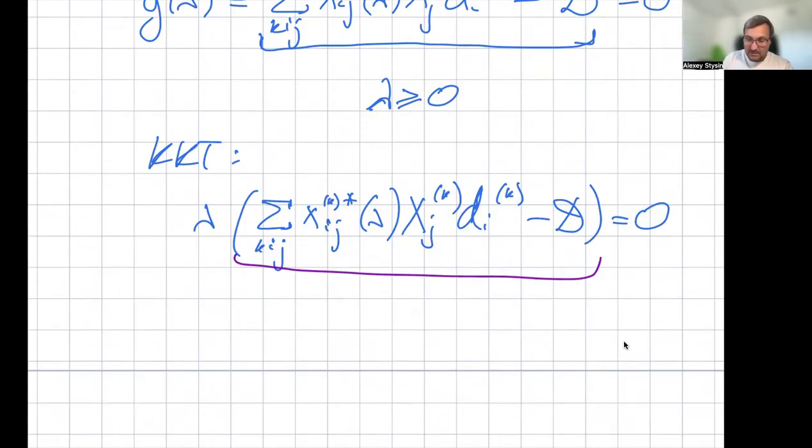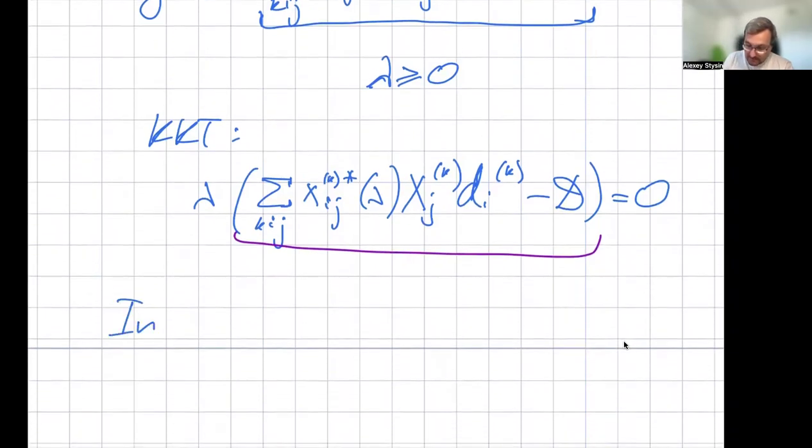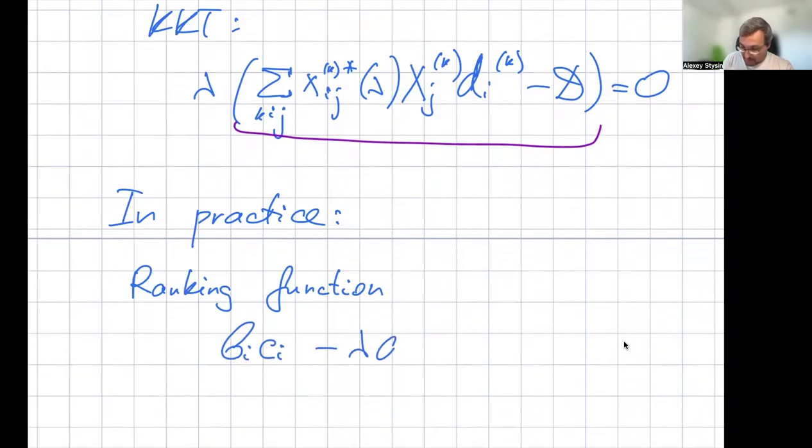Well, in practice, we are not going to have this satisfied exactly. We are going to have this satisfied approximately. There are many reasons for this. In practice, we use the ranking function, which is going to be this b_i c_i minus lambda d_i, and we are going to threshold on it.